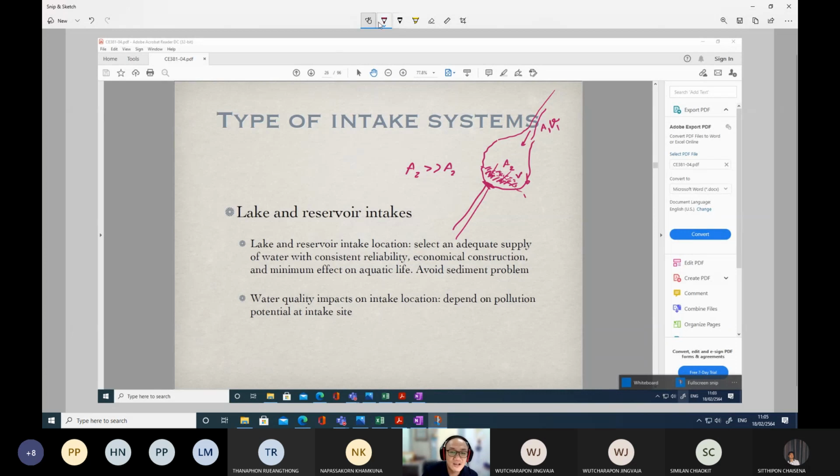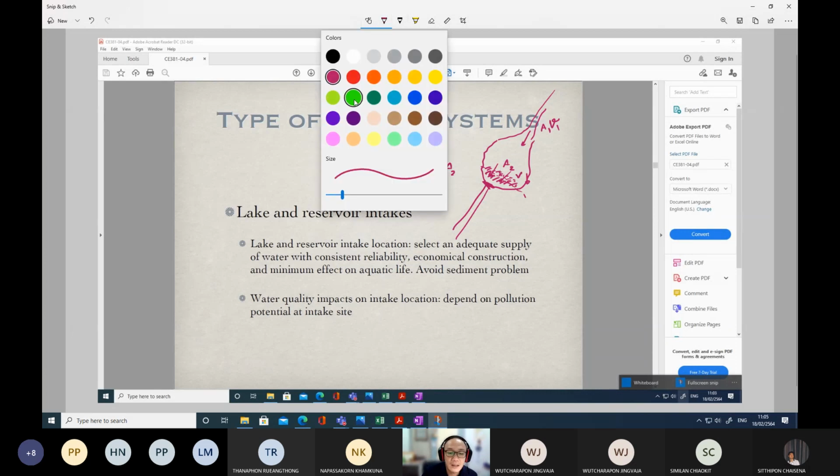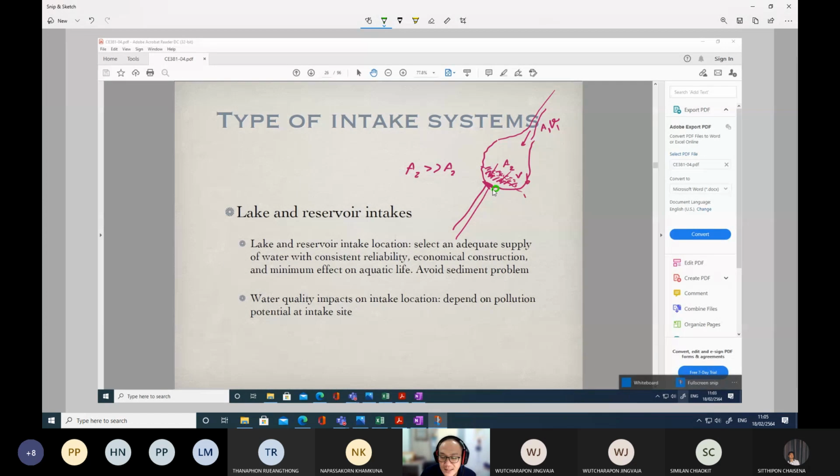Just imagine if we located the intake facilities right beside the dam or the reservoir. So what will happen? We need to withdraw the water considering the amount of sediments that may enter our intake facilities. So this we have to think about.